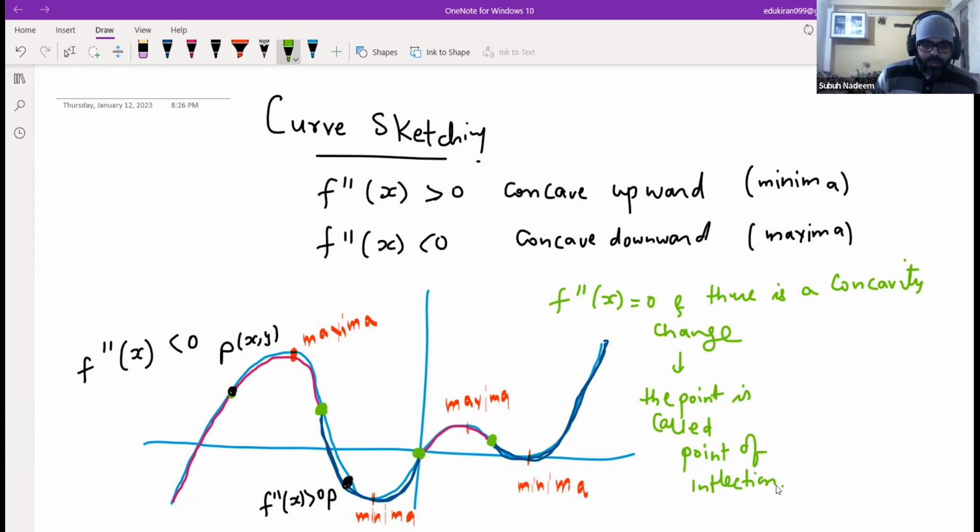You can write this. So all these green dots, there is a concavity change, either from upward to downward or downward to upward.